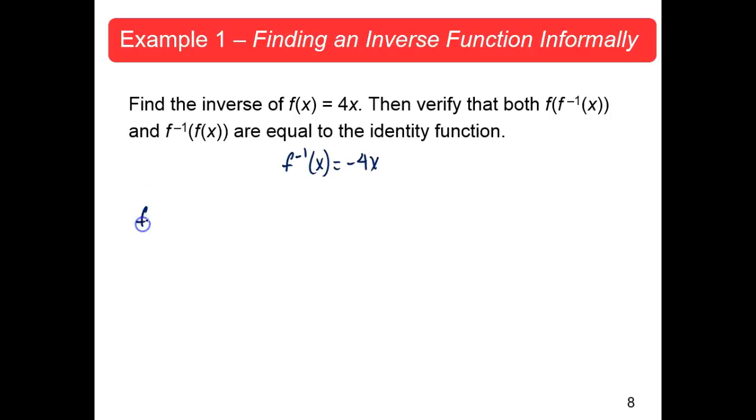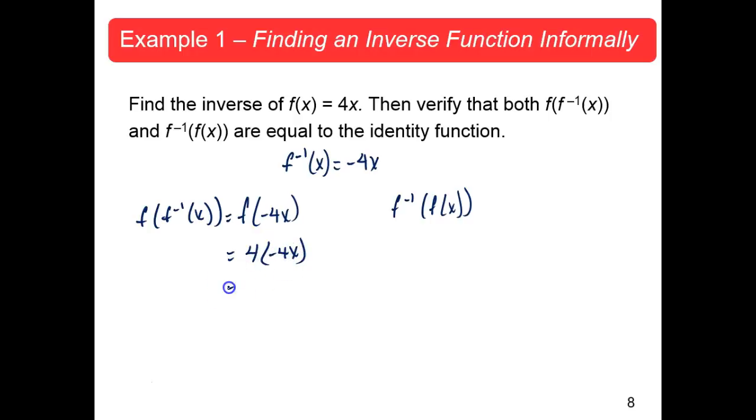We check to see what f of f inverse equals, but we also check and see what f inverse of f equals. You thought you were through with these, didn't you? How do you do this one? What's your f inverse, or at least your proposed f inverse? Negative 4x. And what does f do? Okay, so there you would have 4 times negative 4x, and that would be negative 16x.